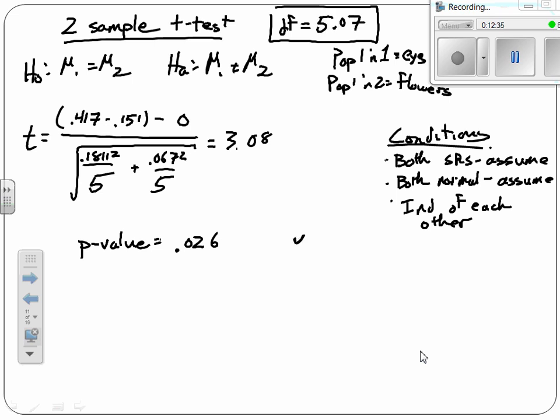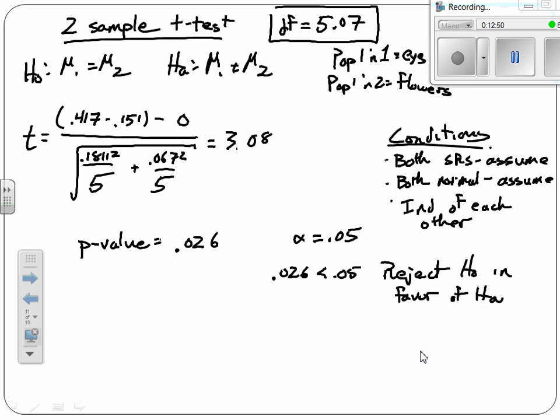All right, so we will use alpha. It didn't tell us. We'll just go with the old standard 0.05. So 0.026, less than 0.05, which leads us to reject H0 in favor of HA. So in other words, we now think that this is what the evidence is telling us.